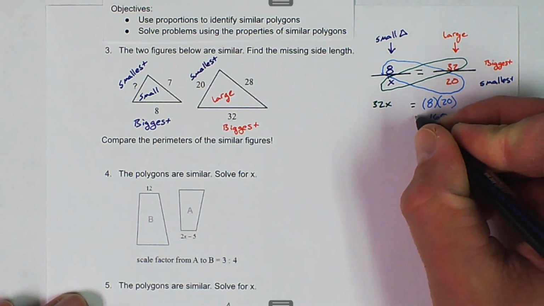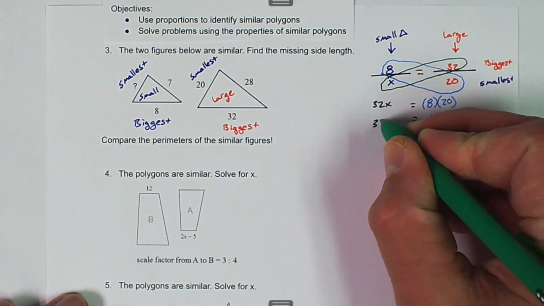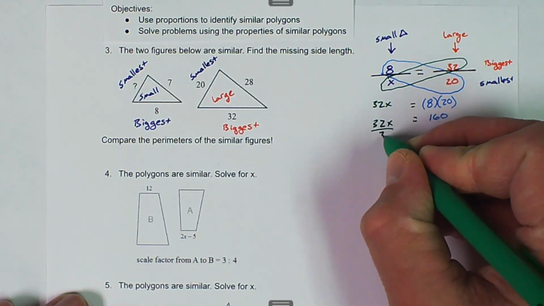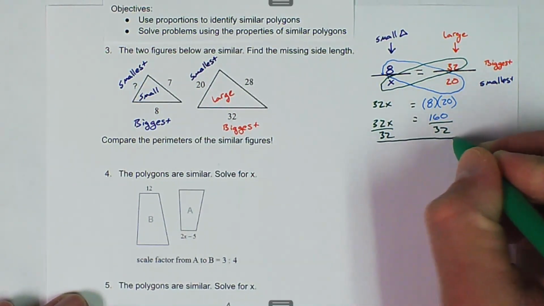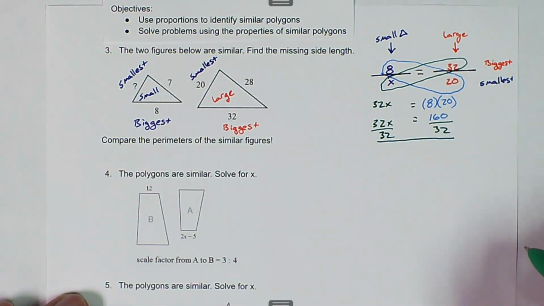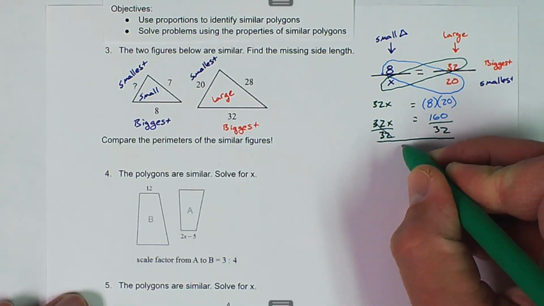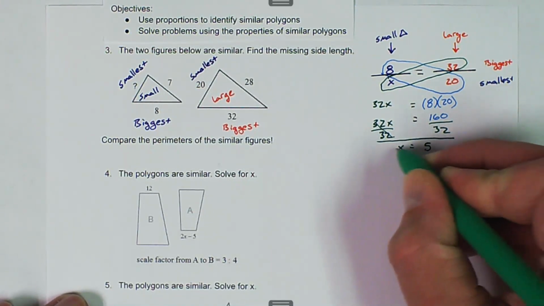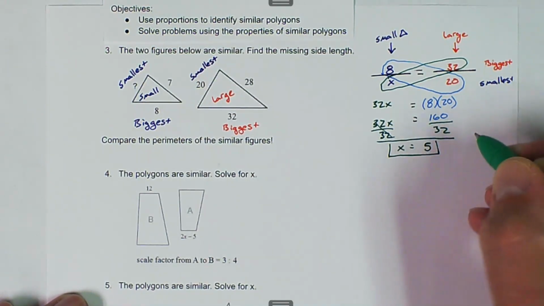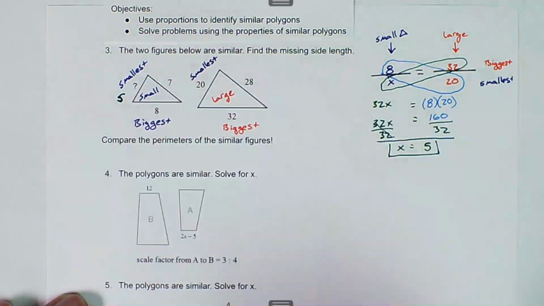And that is equal to 32x. And divide by 32, and divide by 32, and because the 32's cancel, we get x is equal to 5. Or the small side over here is equal to 5.